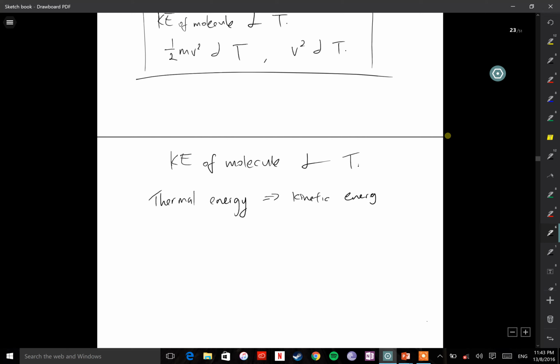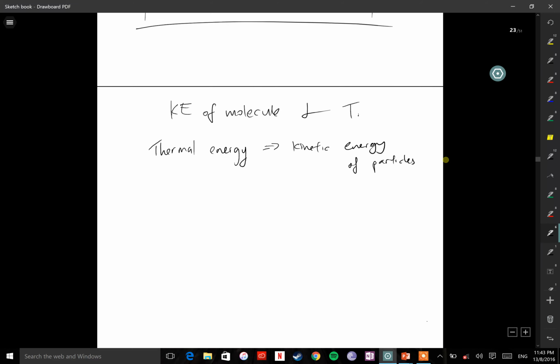In fact, of course, what I'm going to say next, please don't write it in an exam. But thermal energy actually does not exist, because effectively, thermal energy is just the kinetic energy of the particles. If the particles are not moving, there's no thermal energy. If the particles are moving, there's thermal energy. So basically, thermal energy is just a short form for the kinetic energy of the particles inside the entire system.